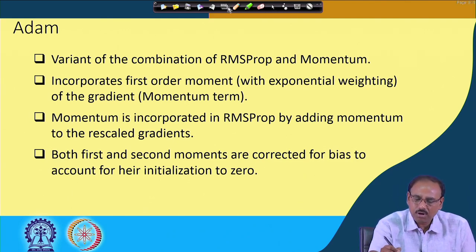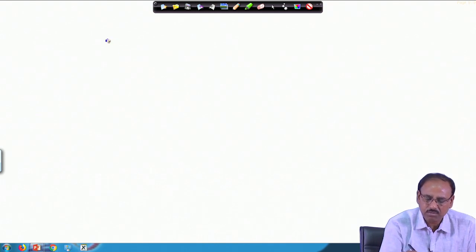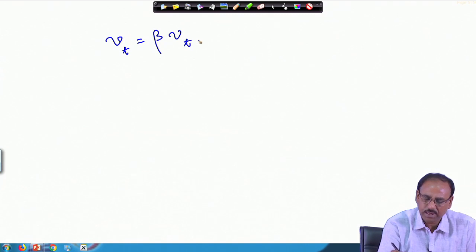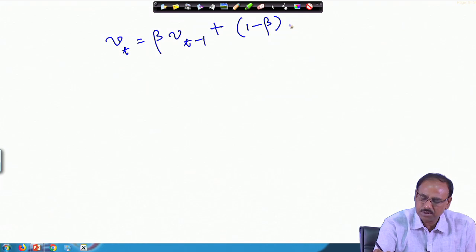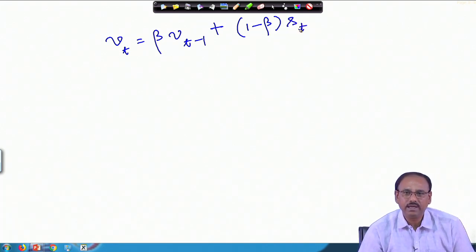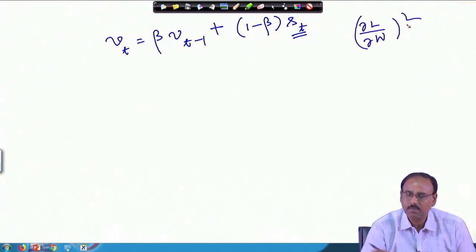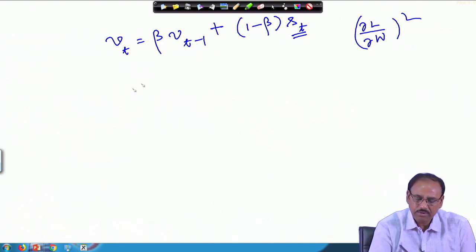So, for this exponentially weighting average, what we did is we have computed Vt is equal to some beta times Vt minus 1 plus 1 minus beta times St. So, when you go for exponentially decaying average of the squared gradients, this St is nothing but your gradient del L del W square of this. So, here what we are doing is you initialize V0 to 0.